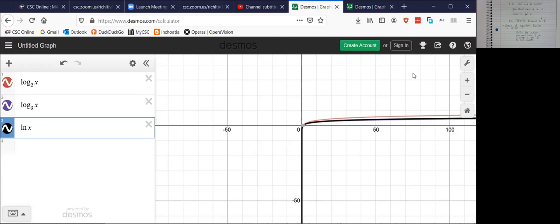Here's the natural logarithm, the logarithm base e. It's not defined in the second or third quadrant. The common logarithm, the logarithm base 10. It's not defined in the second or third quadrant. This is a general property that all logarithms have.